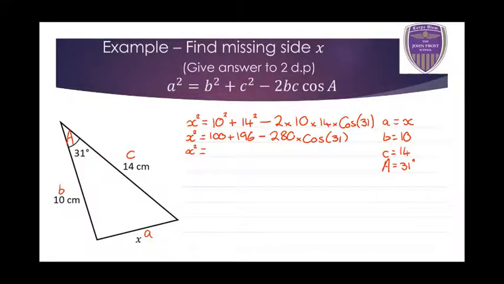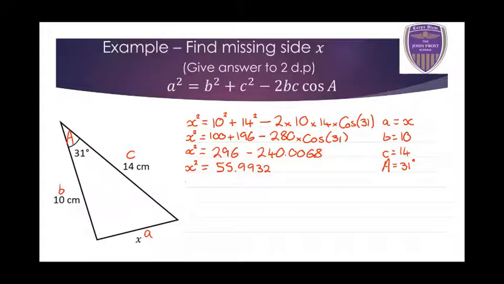And then keep going. 100 plus 196 is 296. 280 times cos 31 gives you 240.0068. I've just rounded that. If you take 240.0068 from 296, that gives you 55.9932.